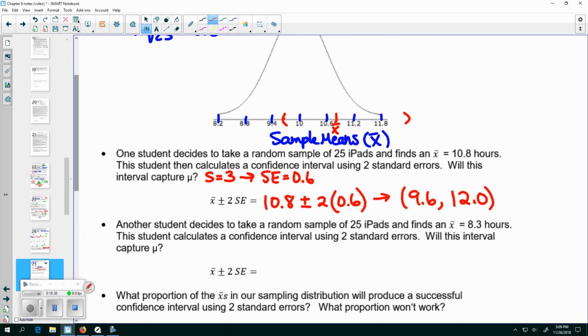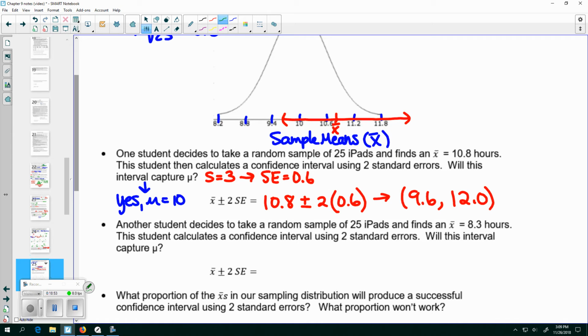And so they're saying any number from that left endpoint all the way up to that right endpoint and including it are possible values of mu. So what we would see is that this is a successful interval. It does include mu equal to 10. Okay, so it's a successful interval because it includes the population mean.